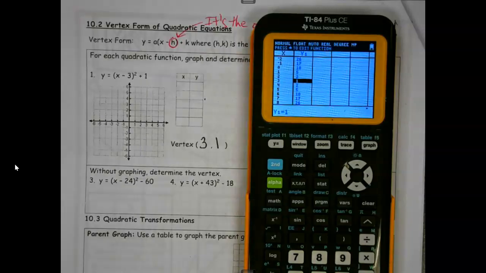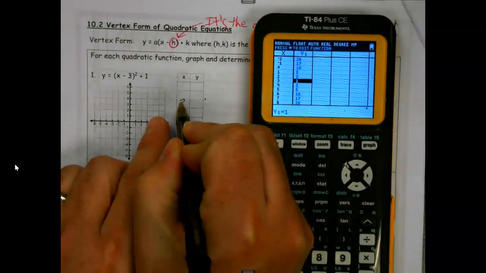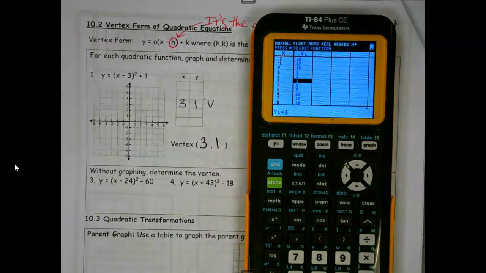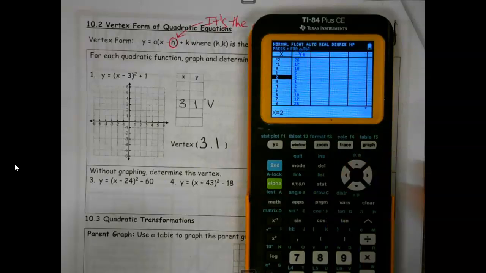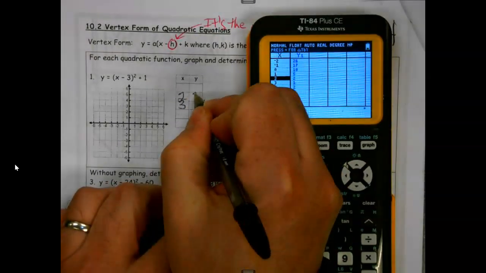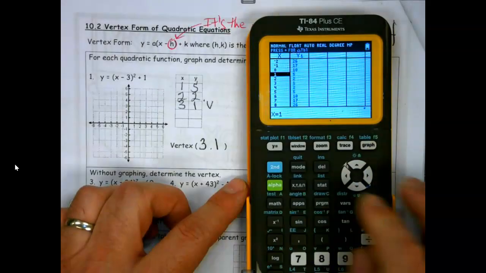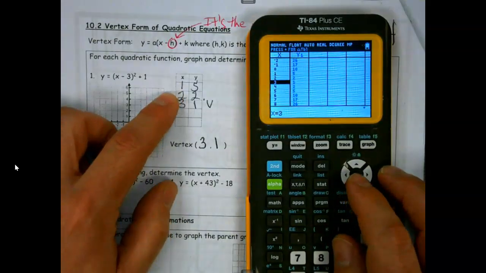So what we're going to do is we've got our vertex. We know that goes in the middle of our chart every time. That's how this works. And then we're just going to use the chart. Again, I don't have to do any calculating or nothing. I'm going to do 2 values above my vertex.